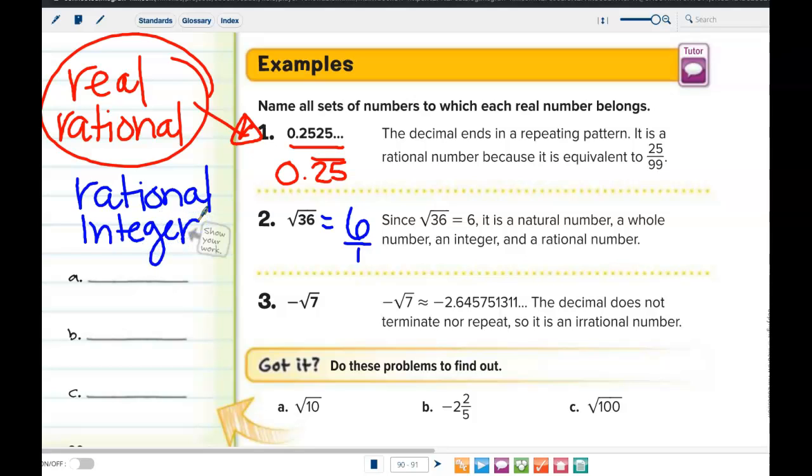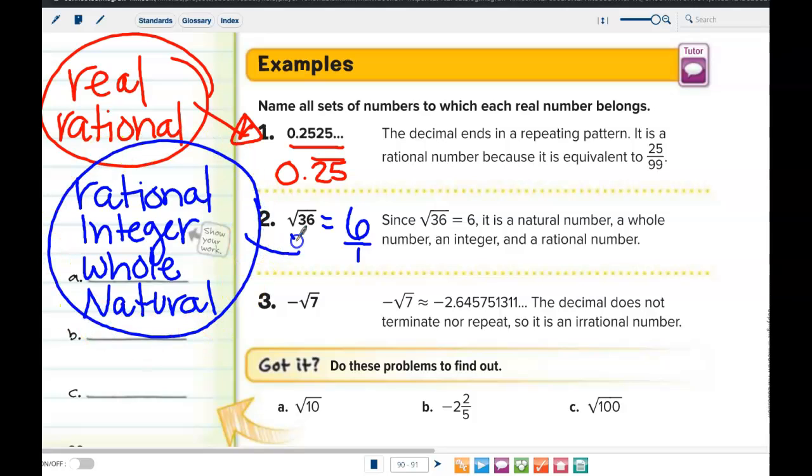We know that it is a whole number because we can count to it. And we know that it is a natural number because we naturally count to 6. So those are all the categories that this belongs to. However, our most specific is our natural number.